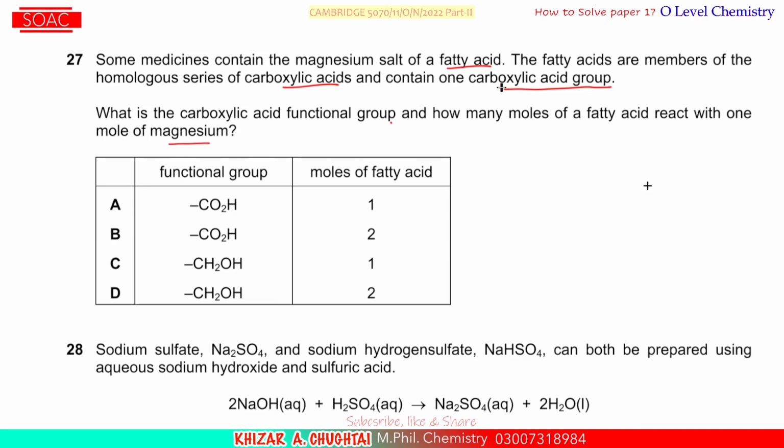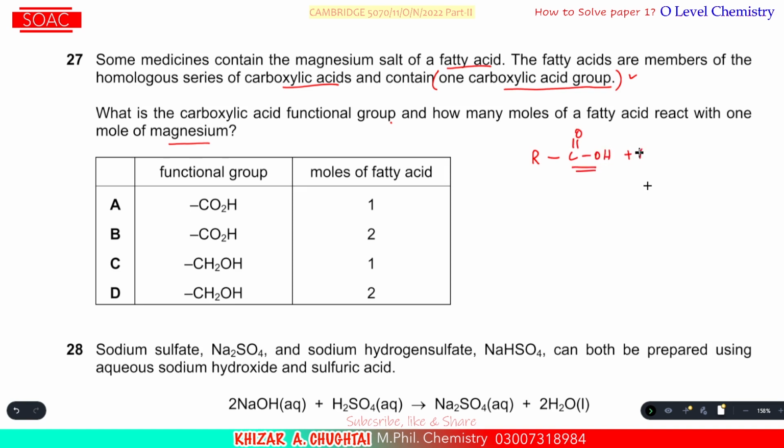As you have seen, each fatty acid has 1 carboxylic group. So let's suppose I write a formula of a fatty acid having 1 carboxylic group.